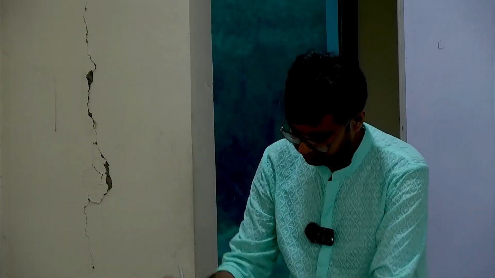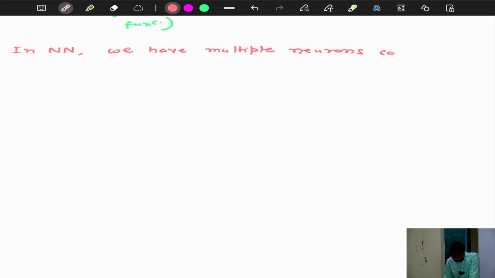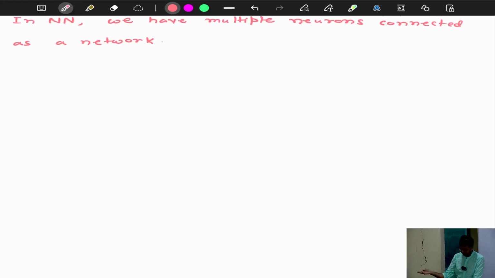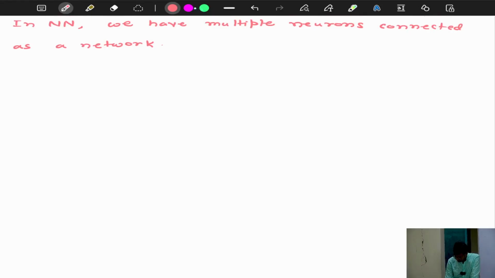So, in a neural network, we have multiple neurons connected as a network. This is what we have, and the same diagram from the last lecture I am going to draw.